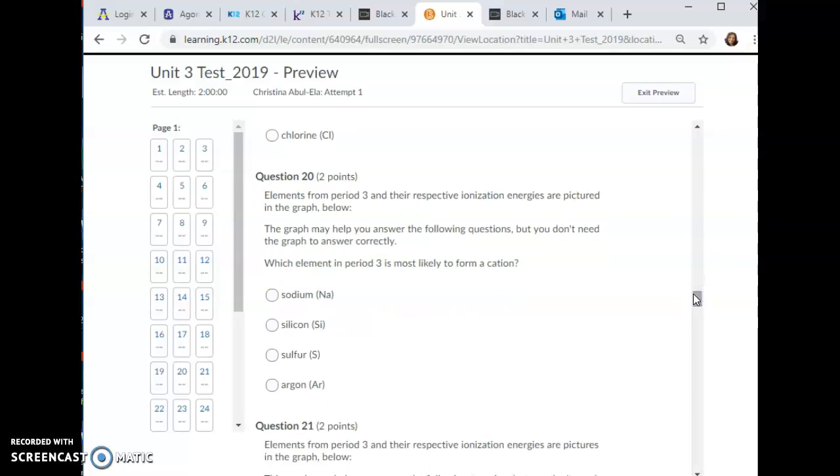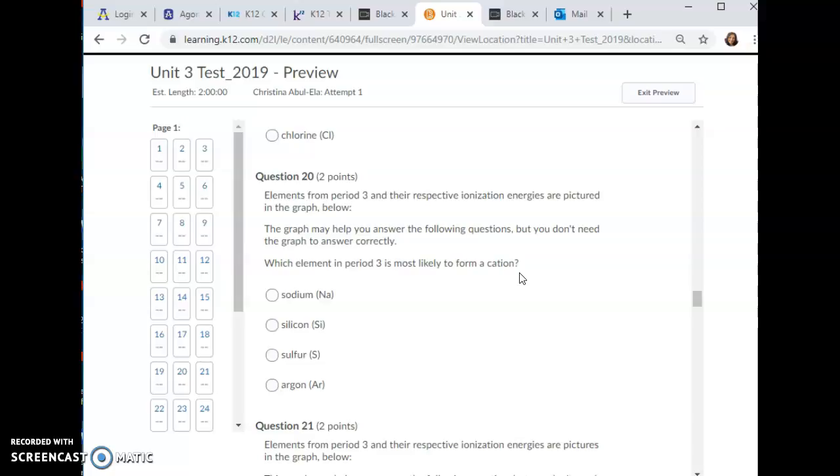Elements from period 3 and their respective ionization energies are pictured in the graph below. The graph may help you answer the following questions, but you don't need the graph to answer correctly. Which element in period 3 is most likely to form a cation? The graph is not pictured here, but when you take the test, the graph will be in the picture.